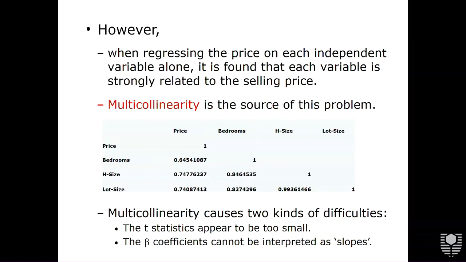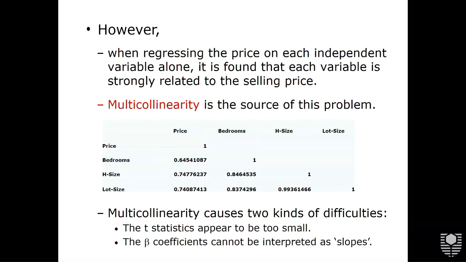So when regressing the price as a function of the independent variables alone, see, that is the correlation matrix. Guys, in the exam, I will provide this one to you. You know how to run the correlation? Same, just say correlation, that's it, instead of regression.